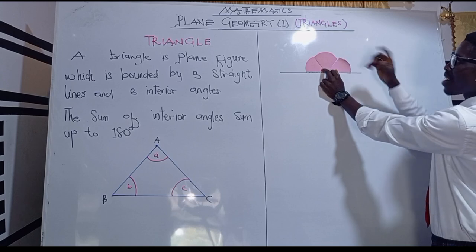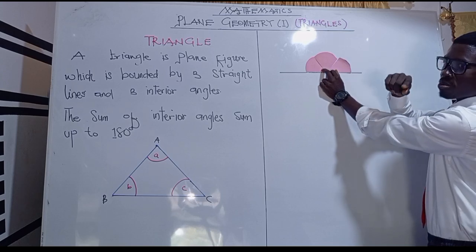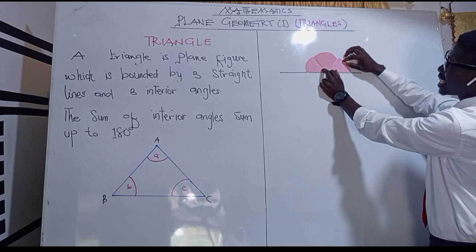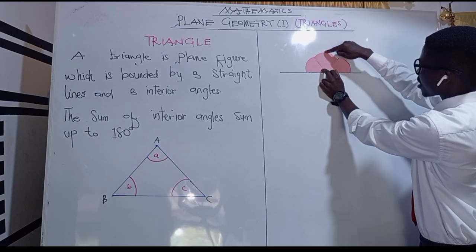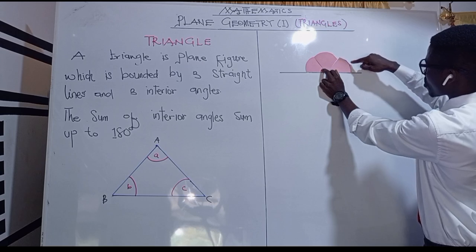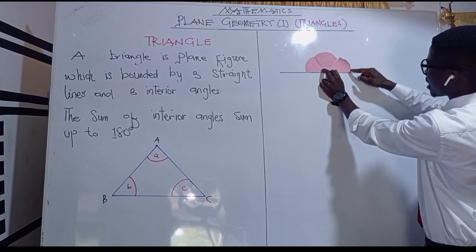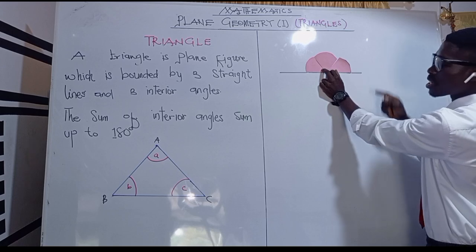You realize that after arranging the angles cut from the triangle on the straight line, it fits exactly. So you can see that the angles that were cut from the triangle lie exactly on the straight line.